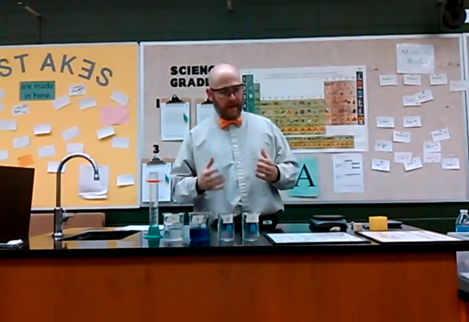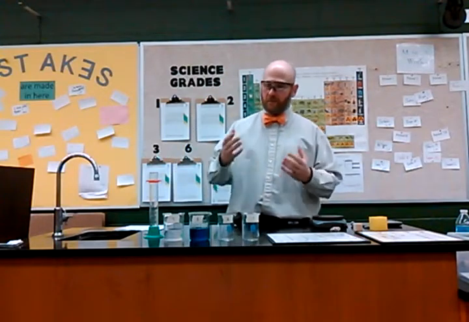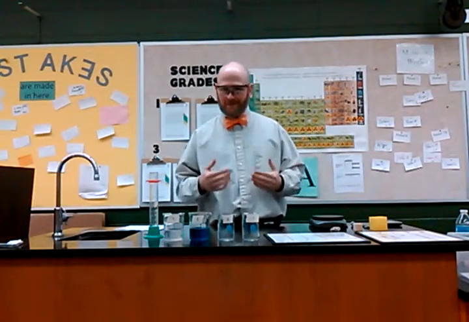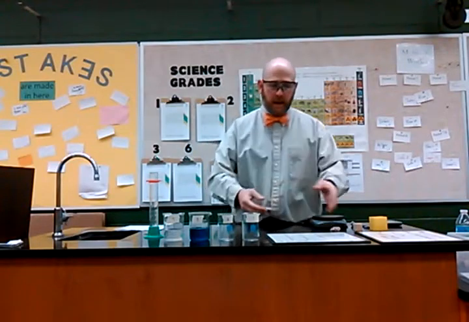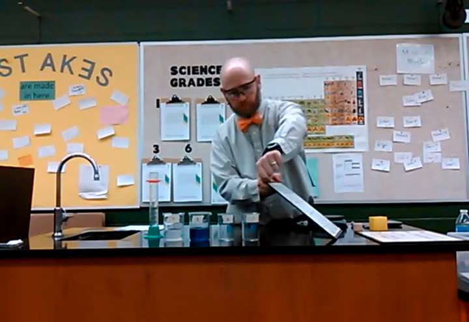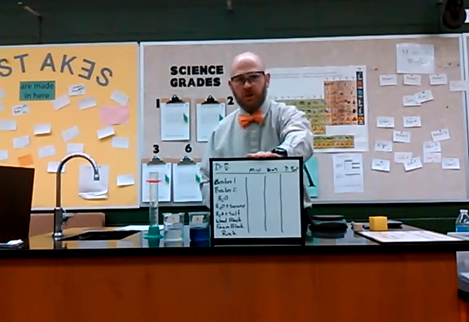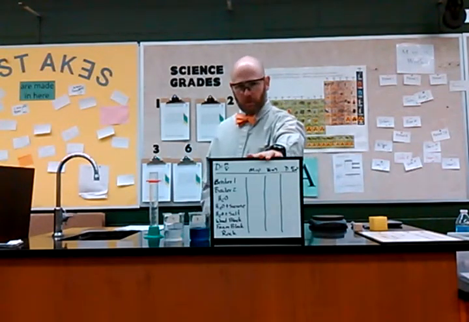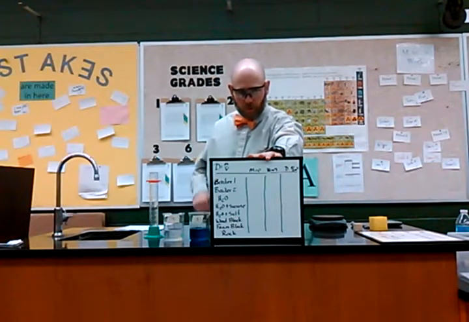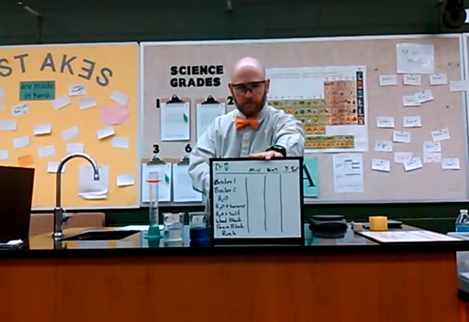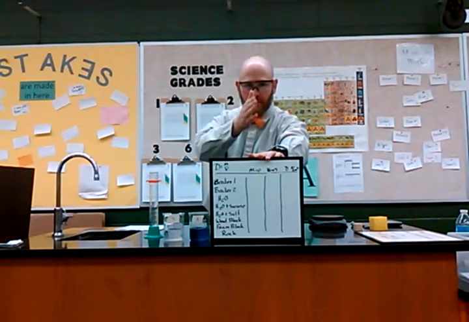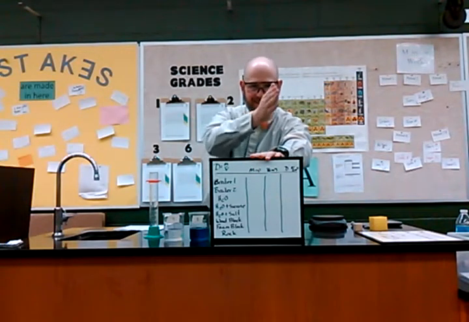So since density has to do with mass and volume of objects, we are going to need to calculate those things. I have constructed a table like this, and you should construct one very similar in your lab report, where I have the object listed, I have the mass, the volume, and then the density.